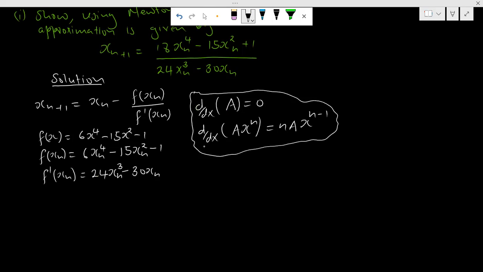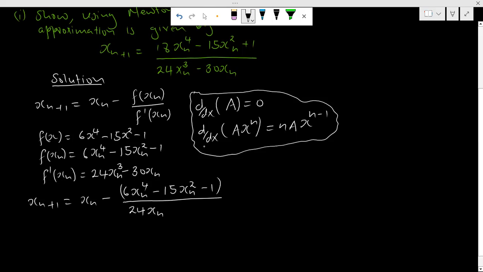Now, we should substitute into our function. We have x_{n+1} equals x_n minus, our f(x_n) is 6x_n^4 minus 15x_n^2 minus 1, over 24x_n^3 minus 30x_n.